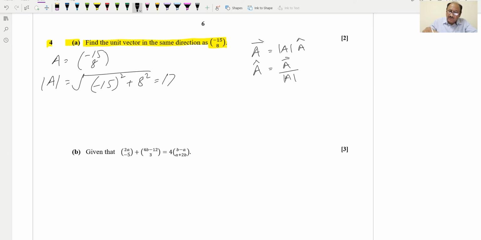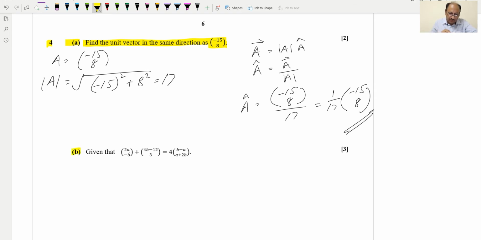Now we can replace in this formula, so the unit vector will be equal to the vector minus 15 and 8 divided by 17, which we can rewrite as 1 over 17 into minus 15 and 8, and this will be the required unit vector.